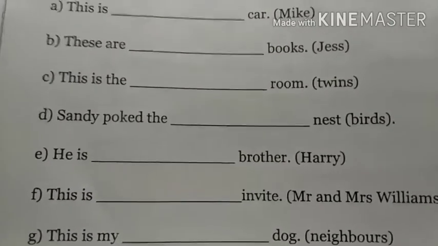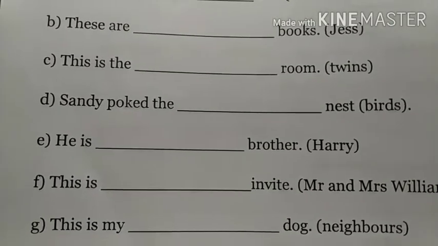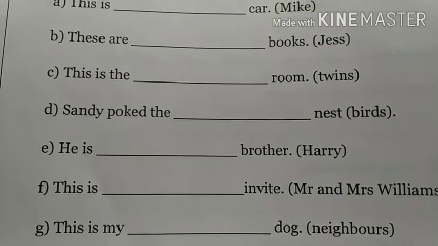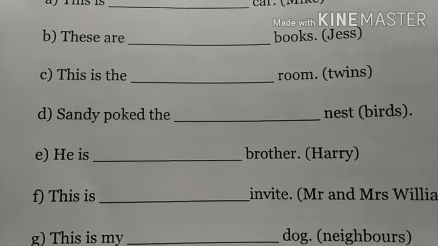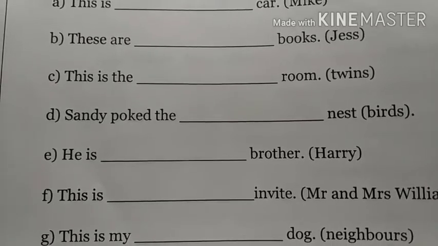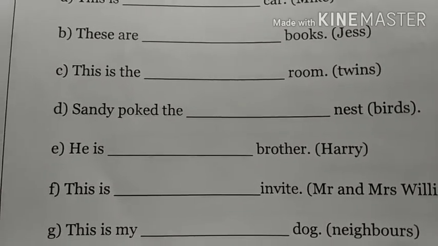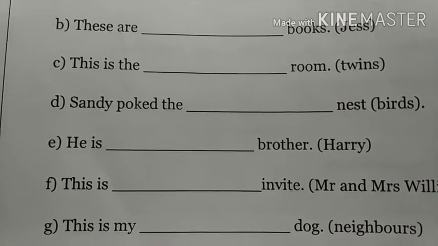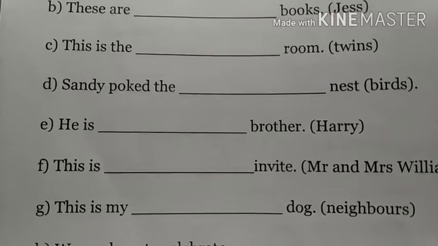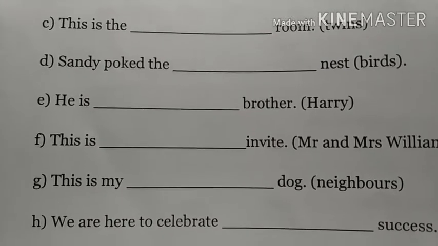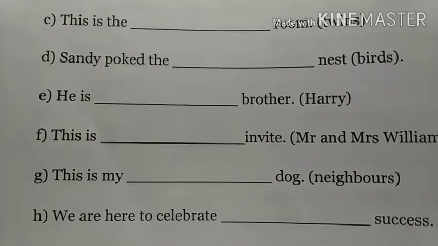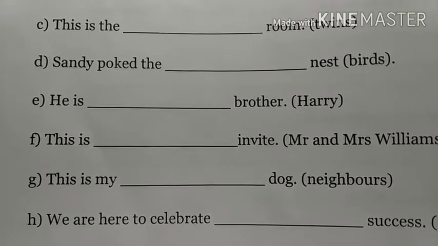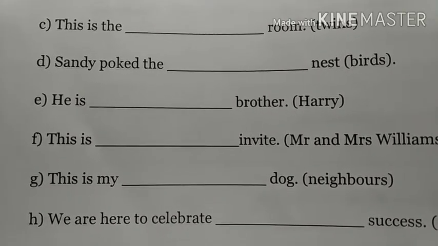Then write it down C1. This is the dash room. In bracket write it down twins. Then come to D1. Sandy poked the dash nest.